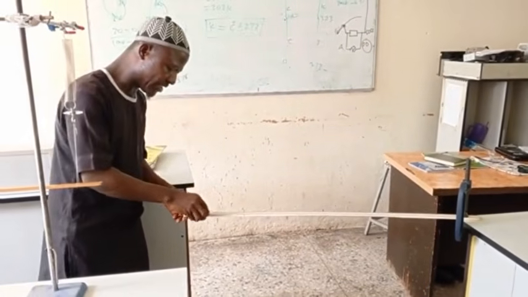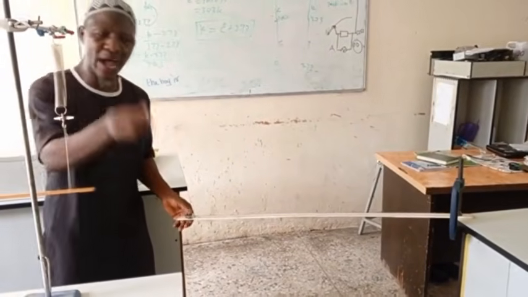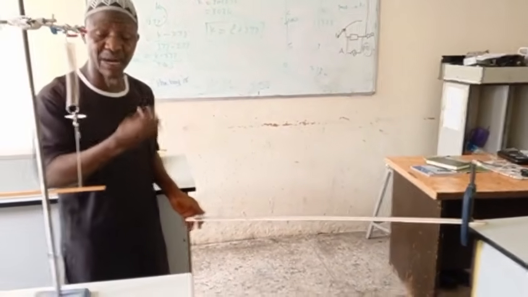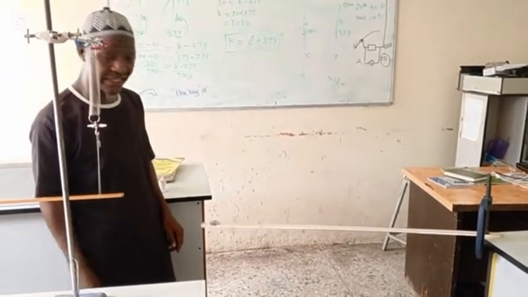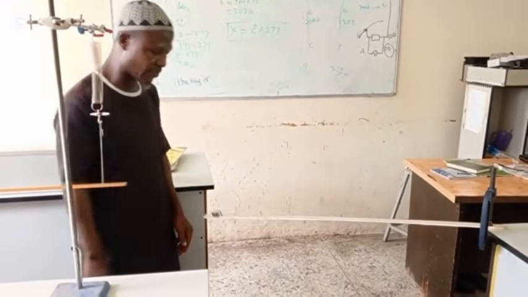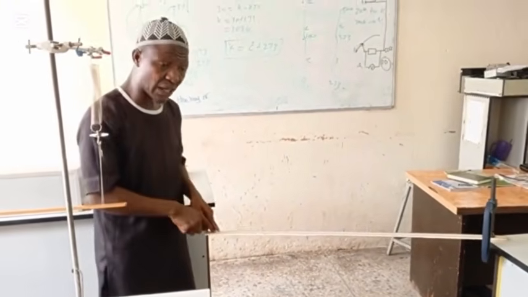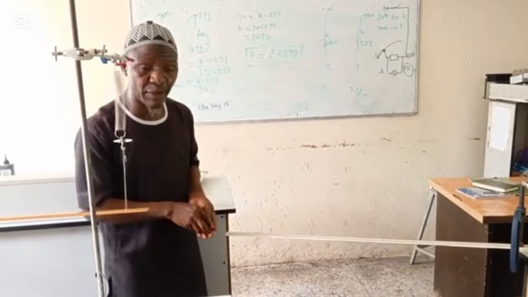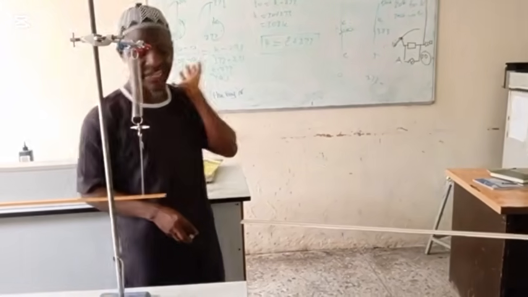While in some cases, they will just ask you to place this one at a fixed position while the number of masses will be increasing. When it is 10 gram, you displace it and you count. When it is 100 gram, you displace and you count. So just discover that as you are increasing the amount of mass on it, the period of oscillation also will be increasing.